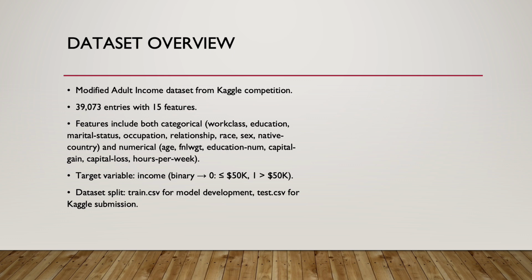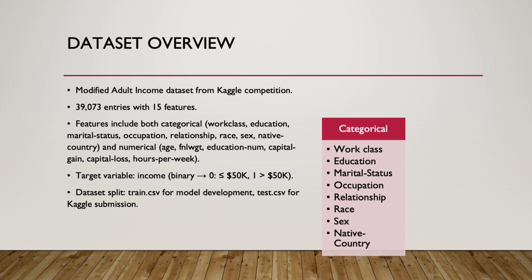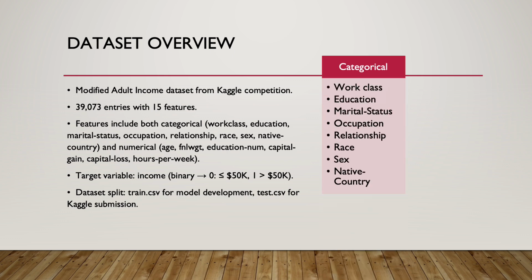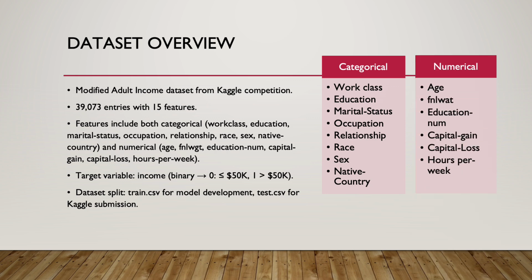The dataset used in this project is the modified version of the adult income dataset provided by the module leader. It contains 39,073 entries along with 15 feature columns with both categorical and numerical features. Categorical features include attributes such as work class, education, marital status, occupation, relationship, race, sex, and native country.